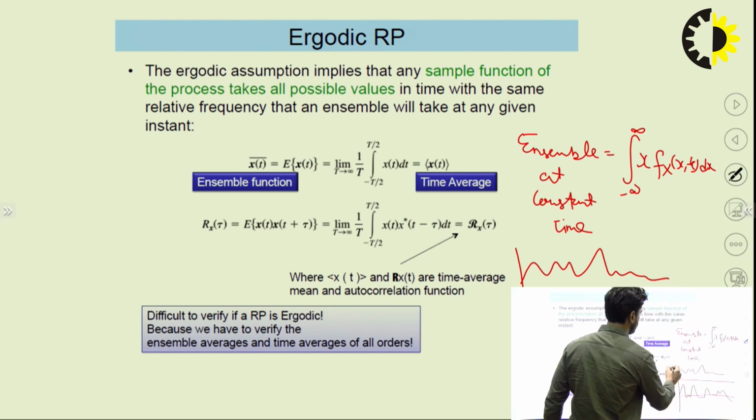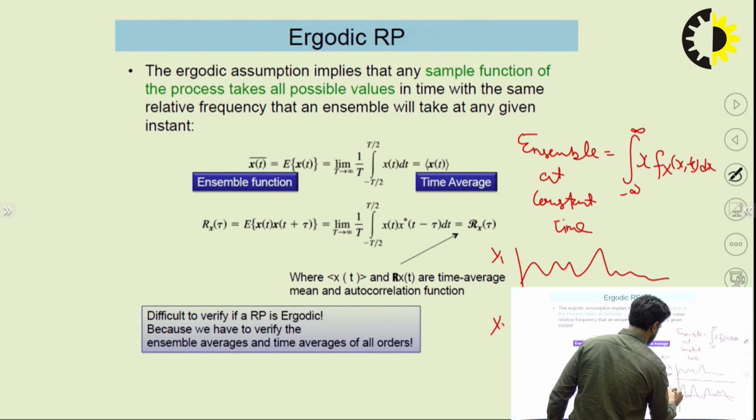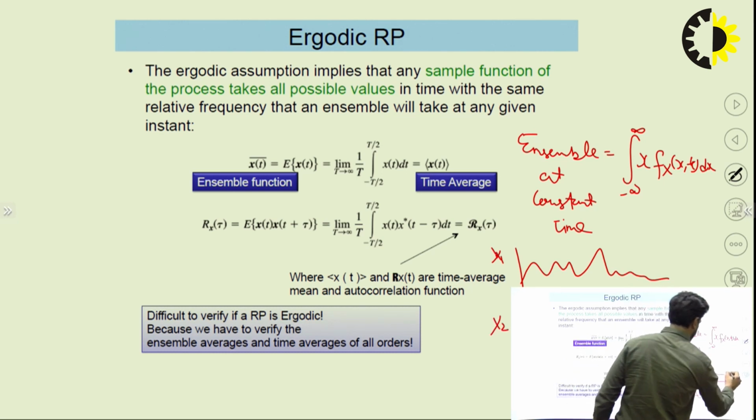These are the two random processes x1, x2, varying with respect to time.